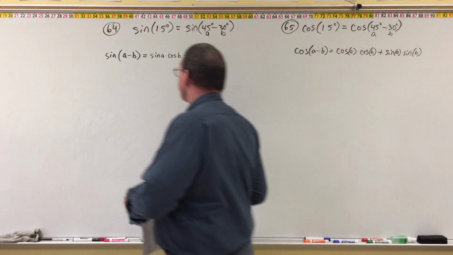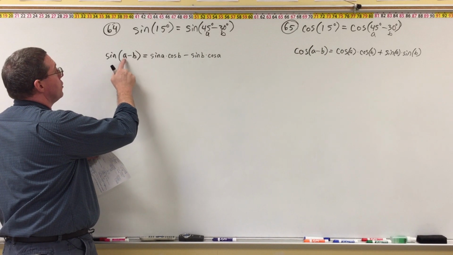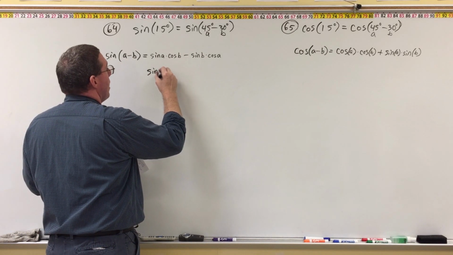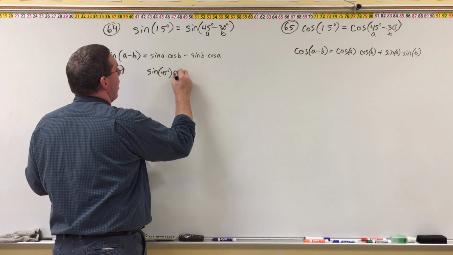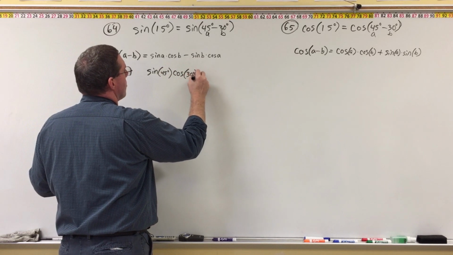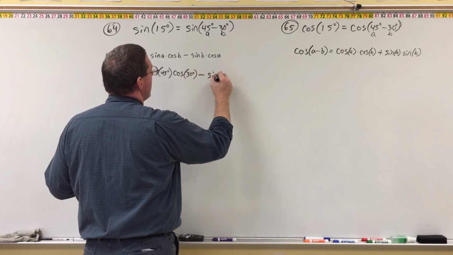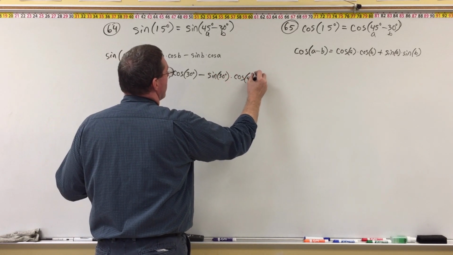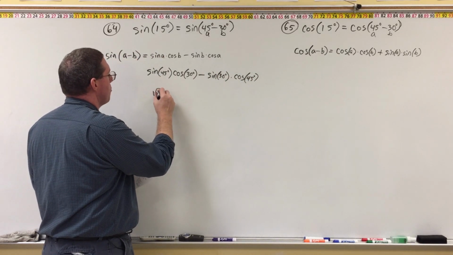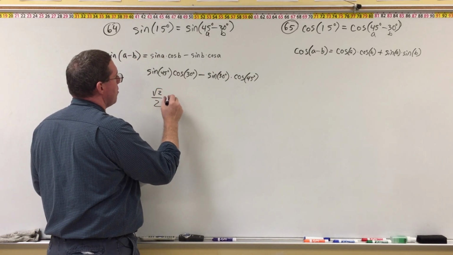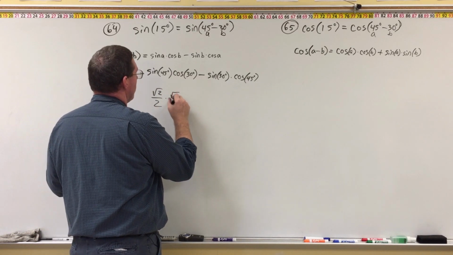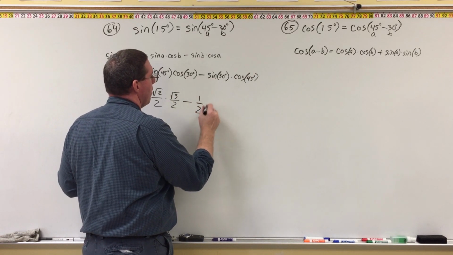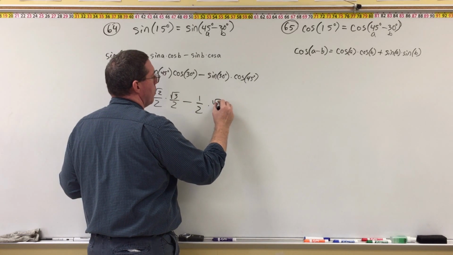And so sine of 15, which is 45 minus 30, is going to be sine of A, which is 45 degrees, times cosine of B, which is 30 degrees, minus sine of B, which is 30 degrees, times cosine of A, which is 45 degrees. Sine of pi over 4, square root of 2 over 2. Cosine of pi over 6 is square root of 3 over 2, minus sine of pi over 6 is 1/2. Cosine of pi over 4 is square root of 2 over 2.